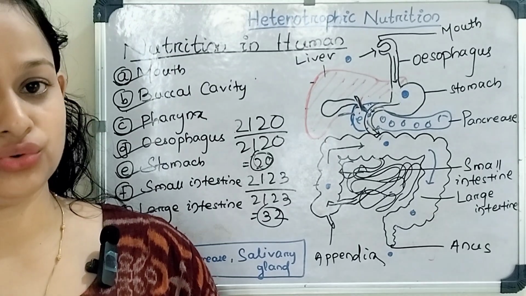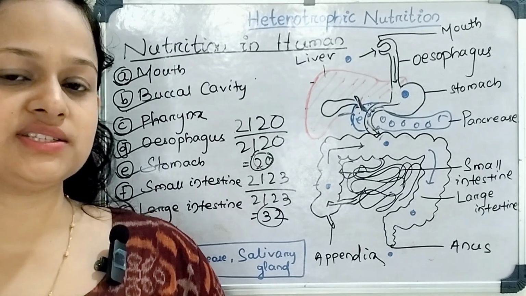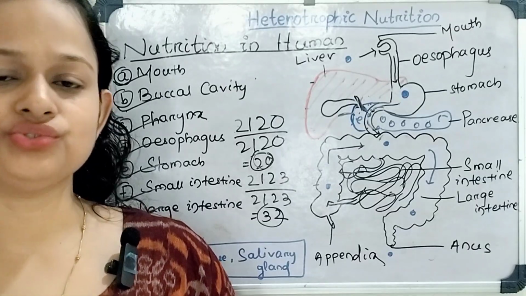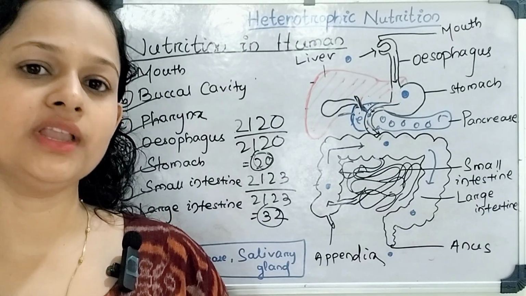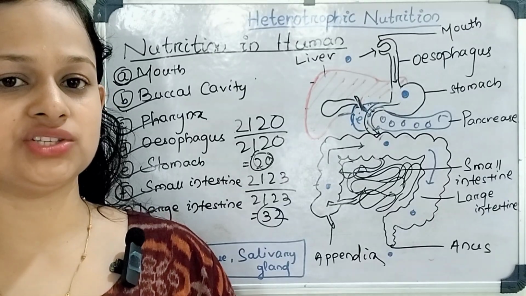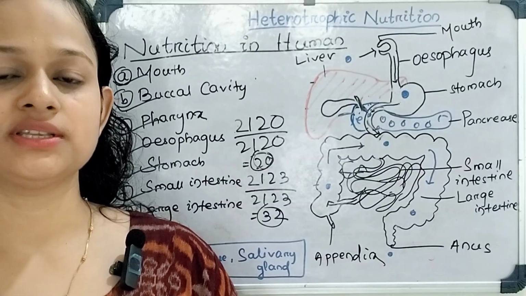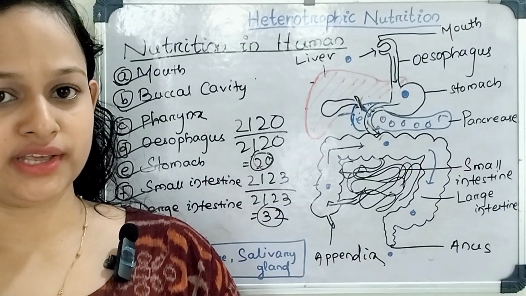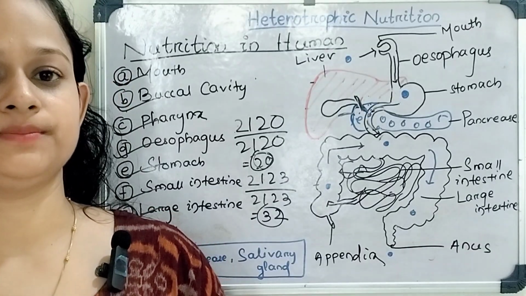The wall of the stomach contains a large number of gastric glands that secrete gastric juice, which is very acidic. It contains HCl, hydrochloric acid, protein-digesting enzymes like pepsin and renin, and also gastric lipase and mucus.